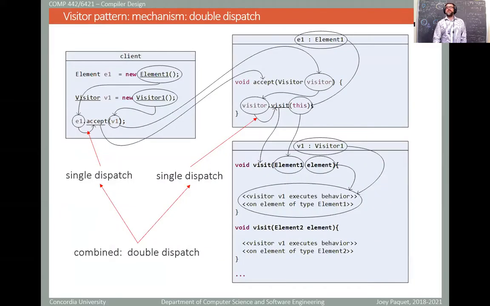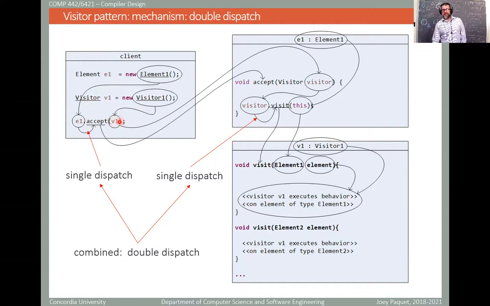So the first part is here. I have my element, which is my node type. This is my add up node. Then I define my visitor that I want to fire, and then I call element.accept visitor. At this point in time, the only thing it can decide is which accept method it's going to use. So it's going to call the accept method of the element one type. Then it's going to fire this method and pass this visitor one object here, but my parameter is of type visitor.